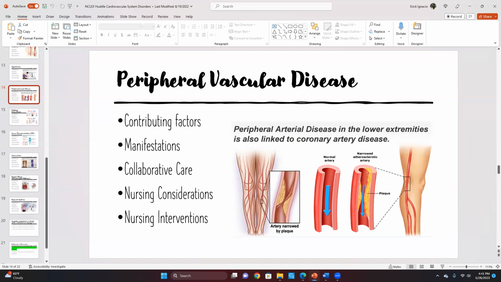The skin will appear shiny with hair loss and thickened toenails. They will have poor neurovascular integrity, and they will have ulcers that are necrotic. They look like they're punched out, but they don't have any edema. They can have tingling and numbness of the toes, cool extremities with poor pulses.